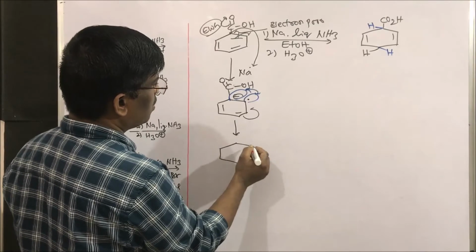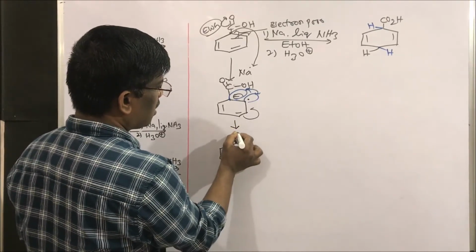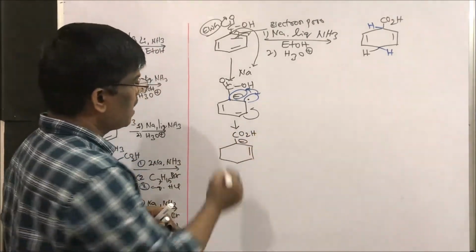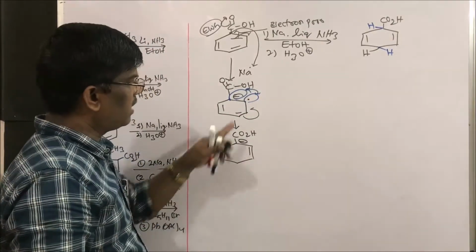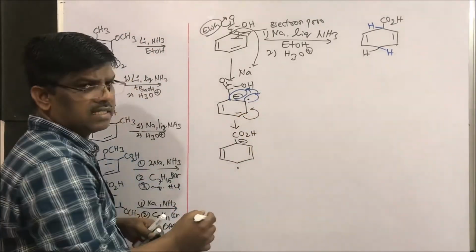The anion will be there with CO2H, and the double bond has come here while the old double bond stays as it is. The free radical has come here.